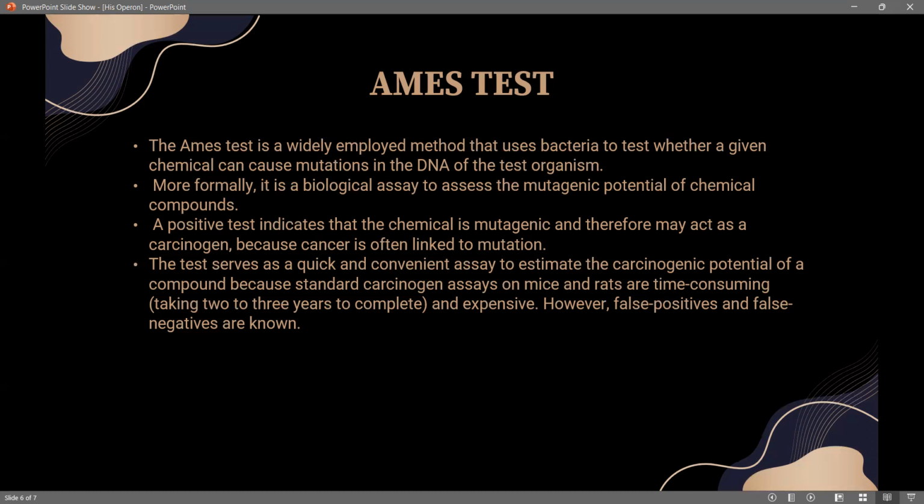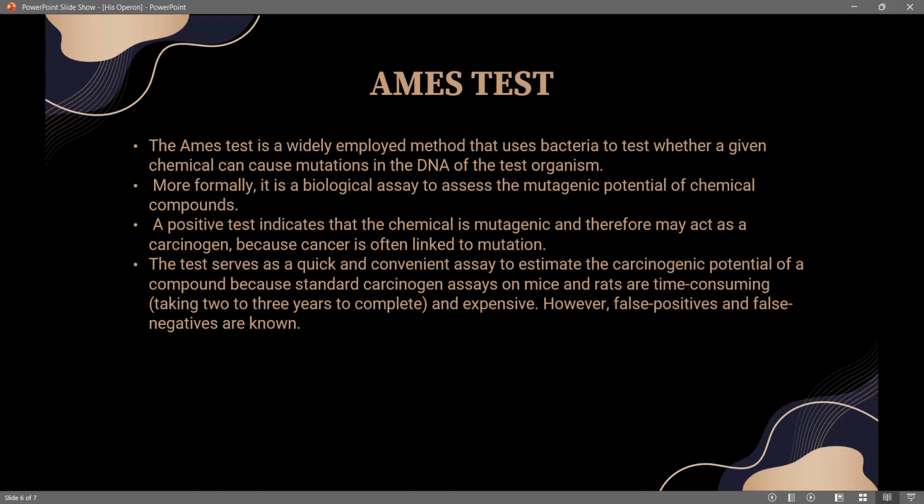These mutations in the histidine will inhibit the organism from growing unless histidine is supplied. Now we look at the process.